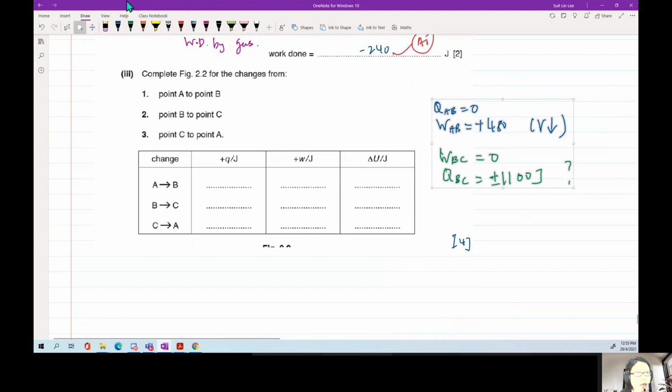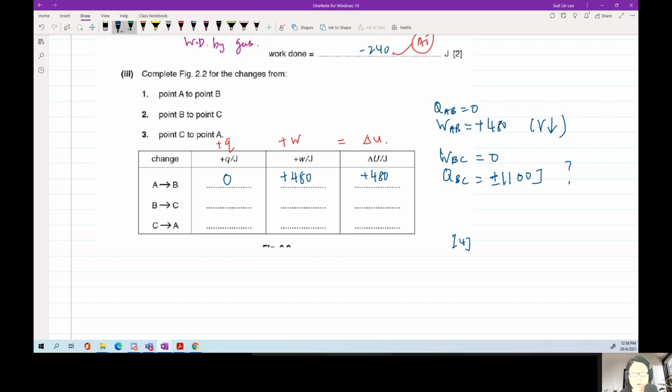QAB is 0. WAB is positive 480. From the first law of thermodynamics and the equation they helpfully give me in part A, Q plus W is equal to delta U. So 480 plus 0 is positive 480. Yay, Sudoku, line 1 complete.